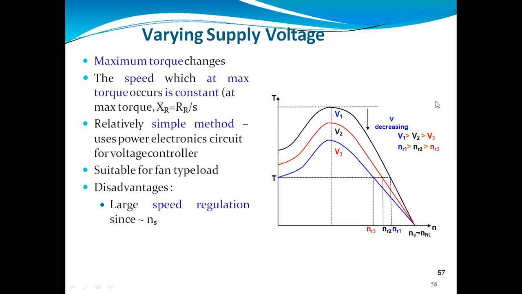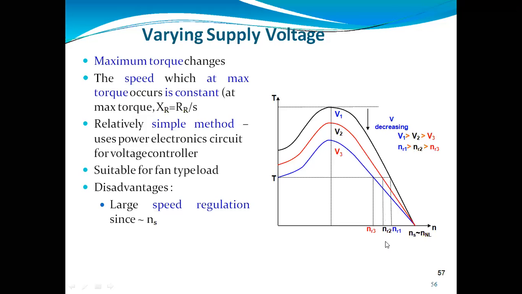At that time, you will get changes in voltage. How? Value of voltage is decreasing. And V1 has the highest value as compared to V3. So when we are increasing the value of supply voltage, you will get an increment in speed. This is the speed for V1.